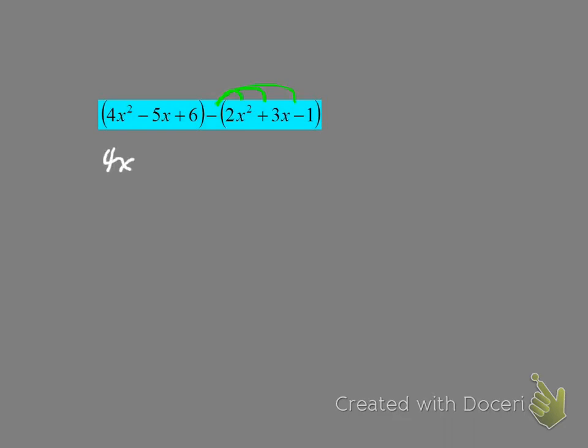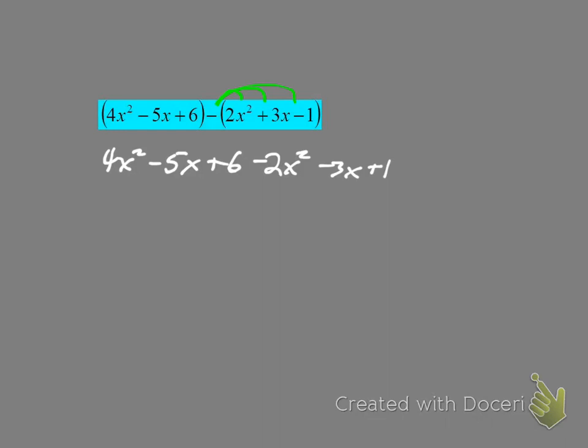Okay, so 4x squared minus 5x plus 6 minus 2x squared minus 3x plus 1. It changes the signs in the last 3. Okay, going through. And then after you do that, you just go through and combine like terms again, correct?